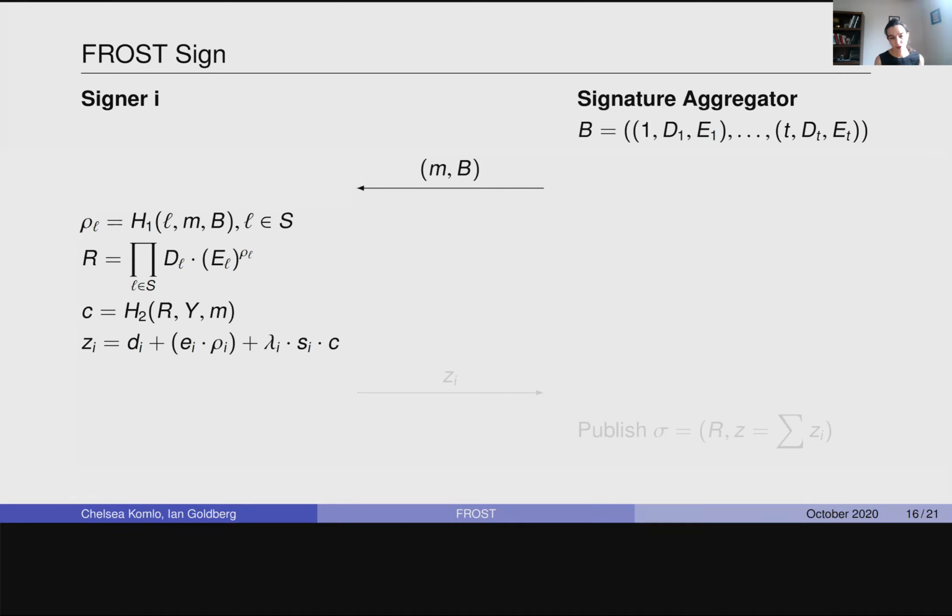And then this lambda_i term is essentially just allowing us to do additive secret sharing. This lambda_i term is needed because this little s_i is a Shamir secret sharing of the secret signing key S, so lambda_i allows us to use this little s_i additively.